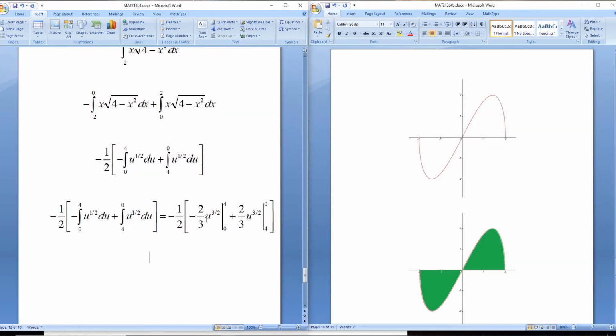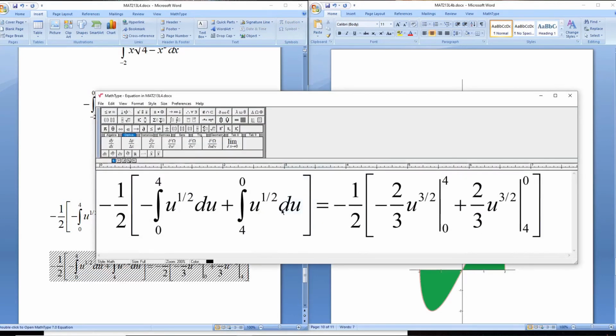And so there we've done the antiderivative for our integrals, and then the bar indicating that we will now do the fundamental theorem.